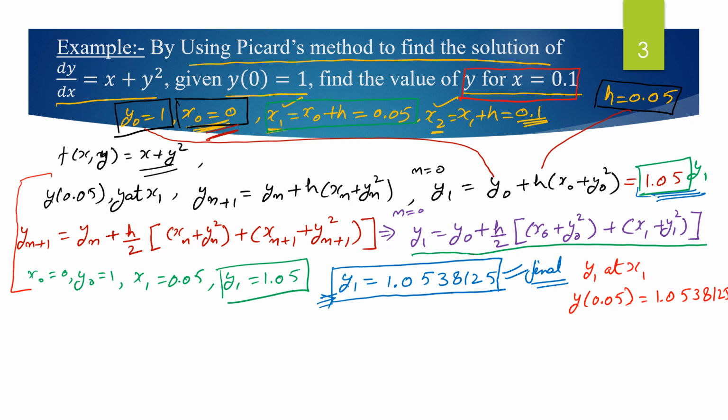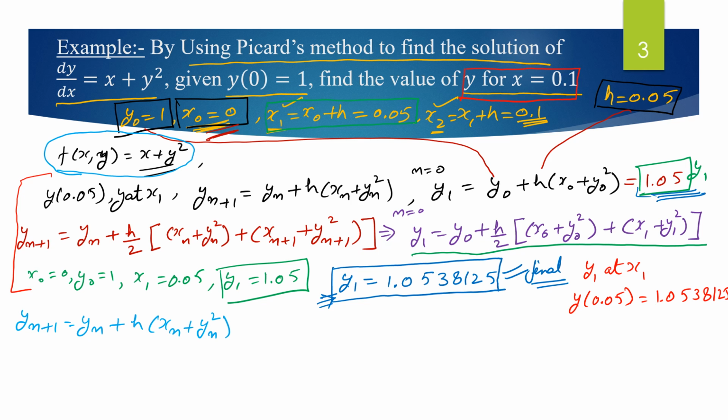So next we will again use yn plus 1 is equal to yn plus h times xn plus yn square. This xn plus yn square is from this function. In each and every question the function will change.